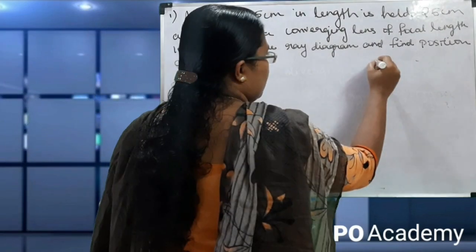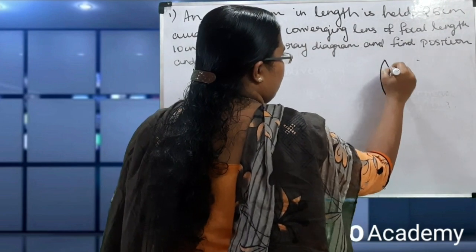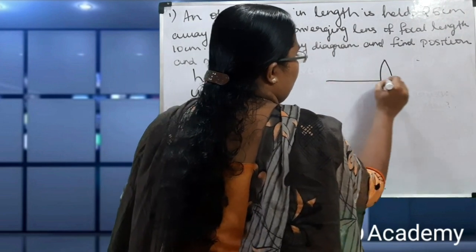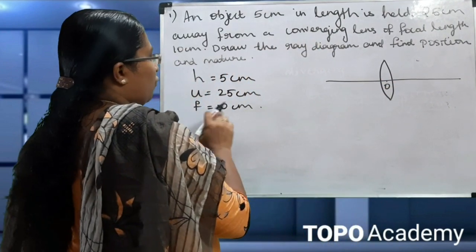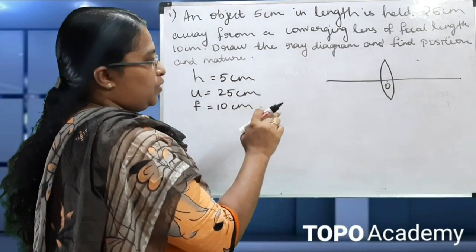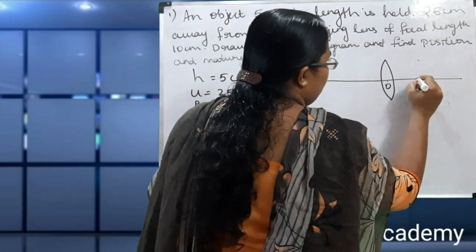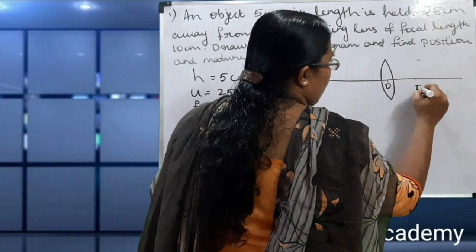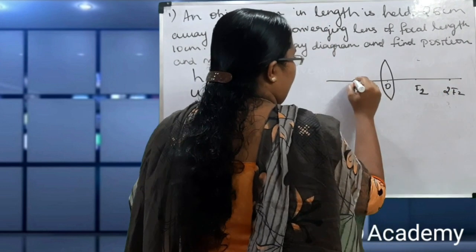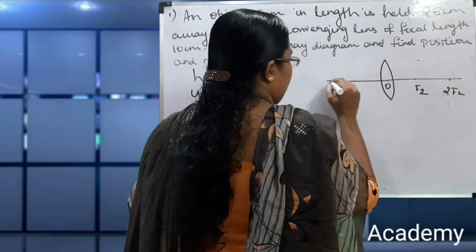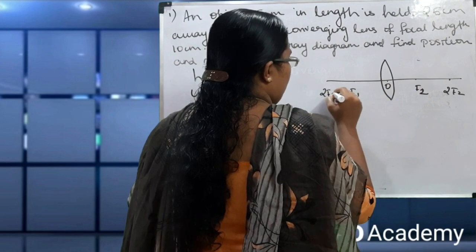So here this is the convex lens. This is the optic center. The focal length is given, 10 cm. This is F2, this is 2F2, and this is F1 and this is 2F1.